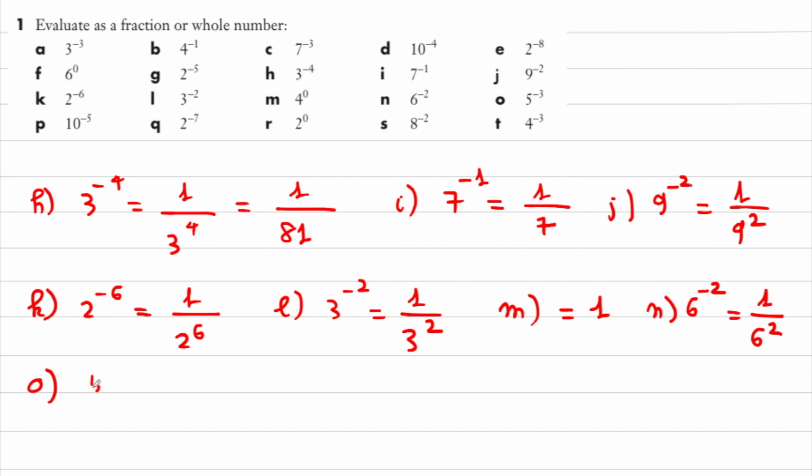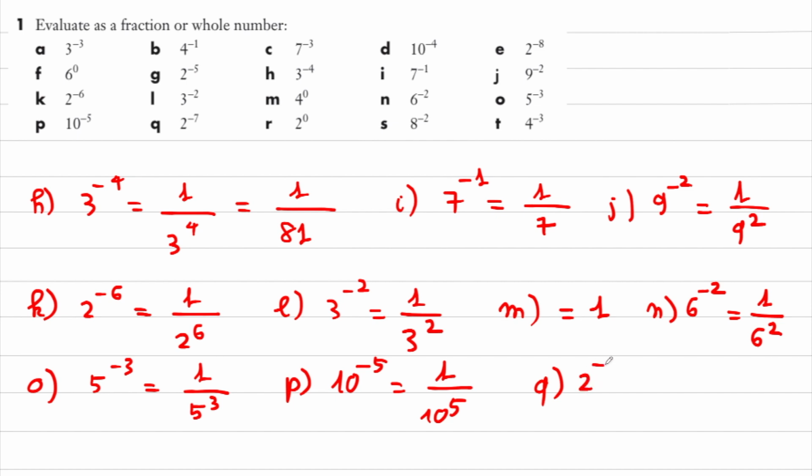And O, 5 to the power of minus 3, this is 1 over 5 to the power of cube. Question P, 10 to the power of minus 5, so 1 over 10 to the power of 5. Q, 2 to the power of minus 7, this is equal to 1 over 2 to the power of 7.